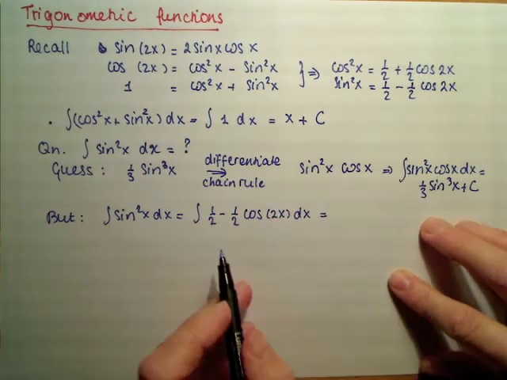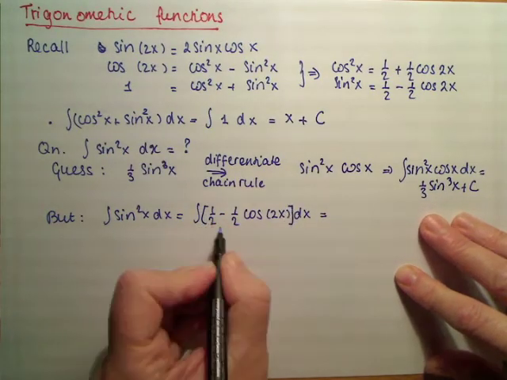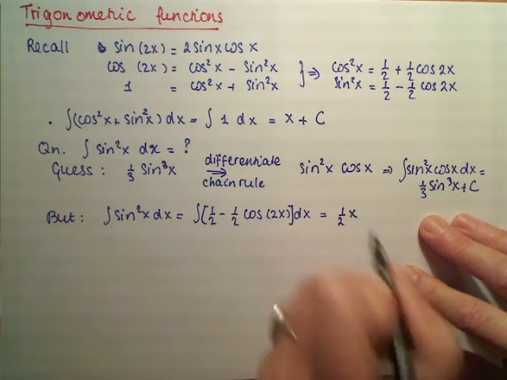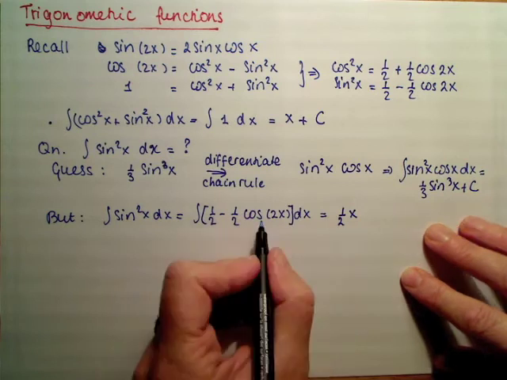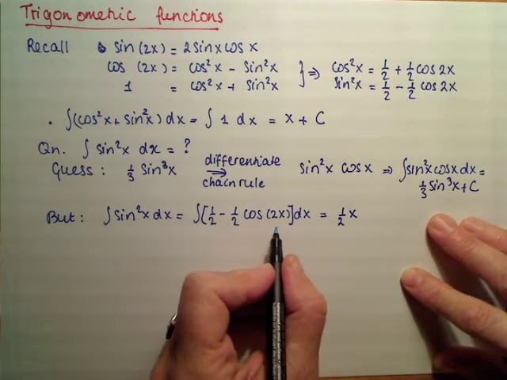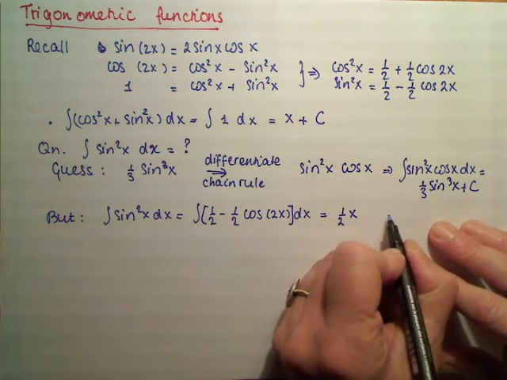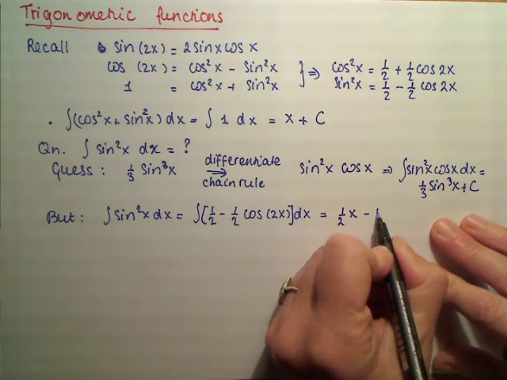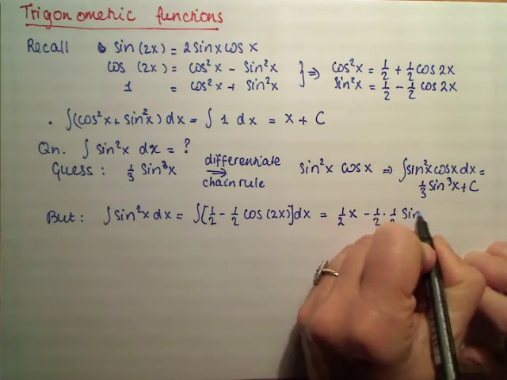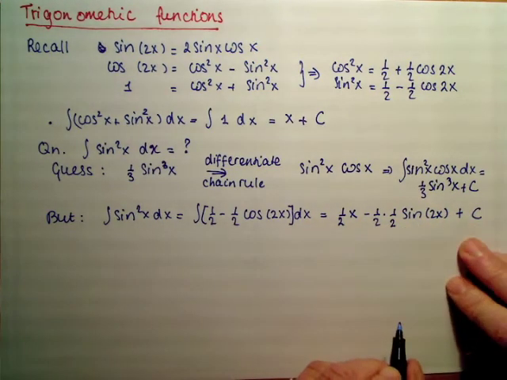And of course we can integrate term by term. So integrating 1/2 is 1/2 times x. Integrating cosine of 2x, we saw in the previous video, is 1/2 times sine of 2x, so we get an extra factor 1/2 here, plus an arbitrary constant.